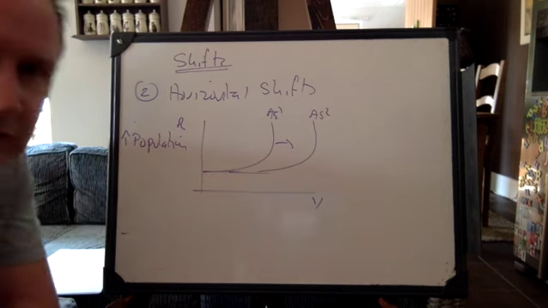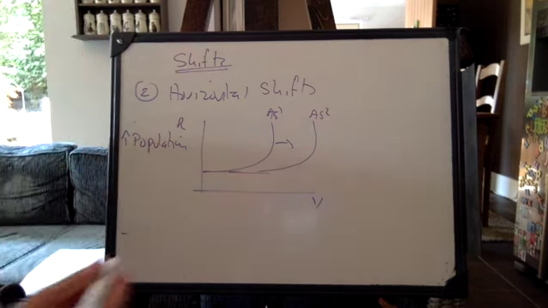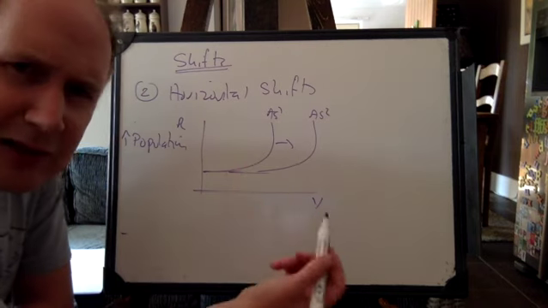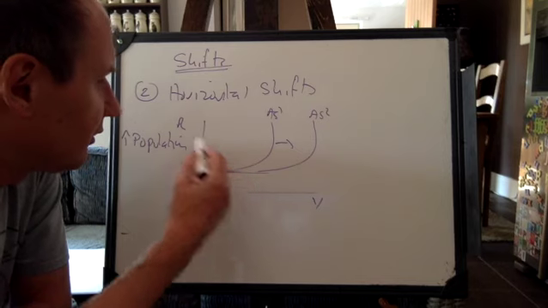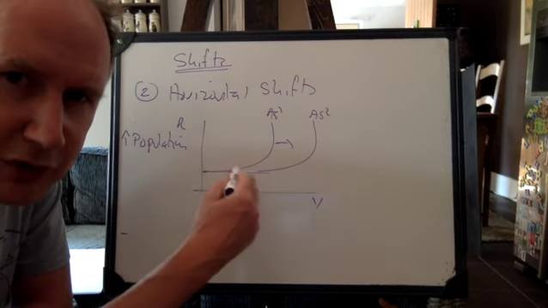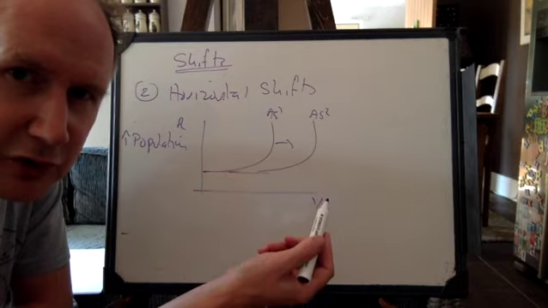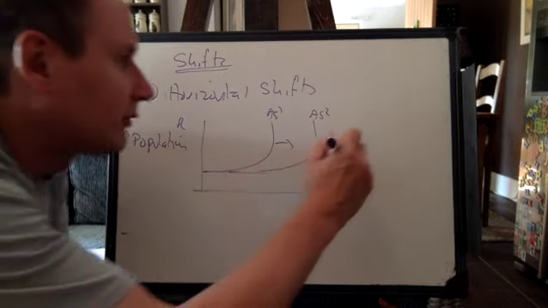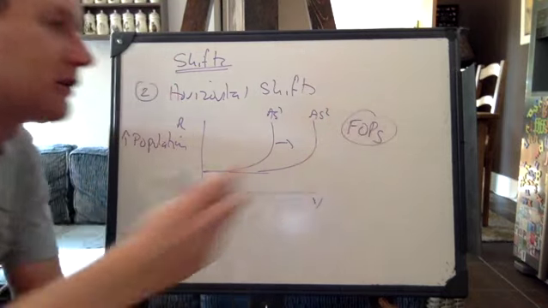Perhaps the discovery of new resources. These actually are probably less common than you might think, on the basis that you'd think most things of this nature would also put downward pressure on costs, which I'll show you in a minute. But in principle, this is linked to changes in your factors of production.